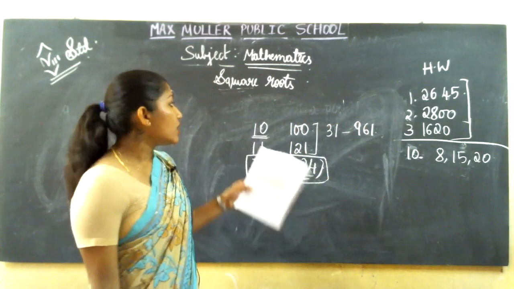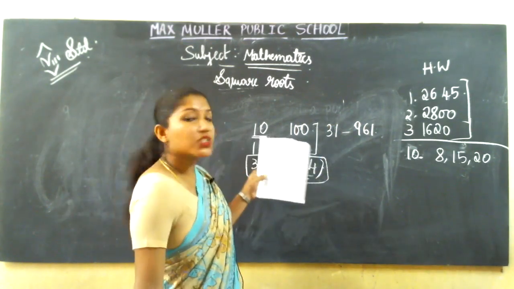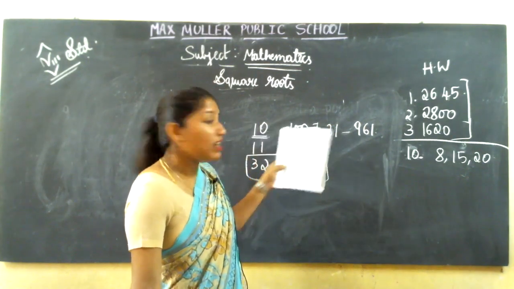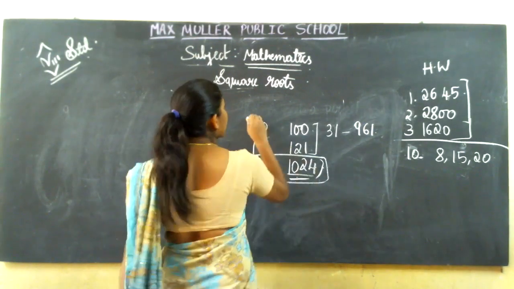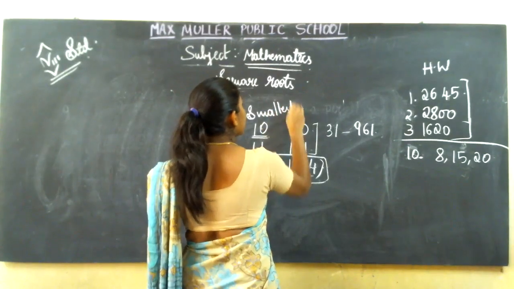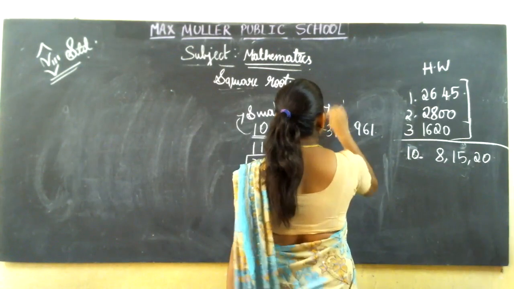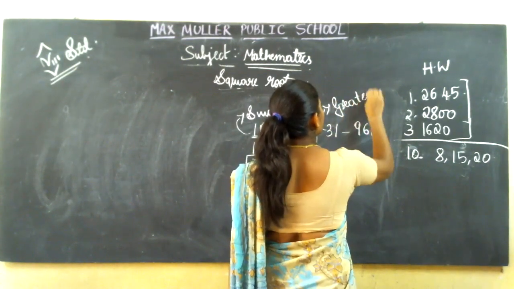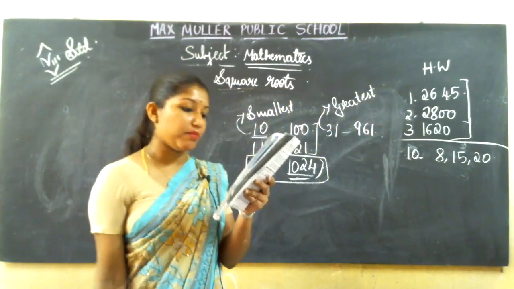So 10 will give the smallest and 31 will give the greatest 3-digit square number.